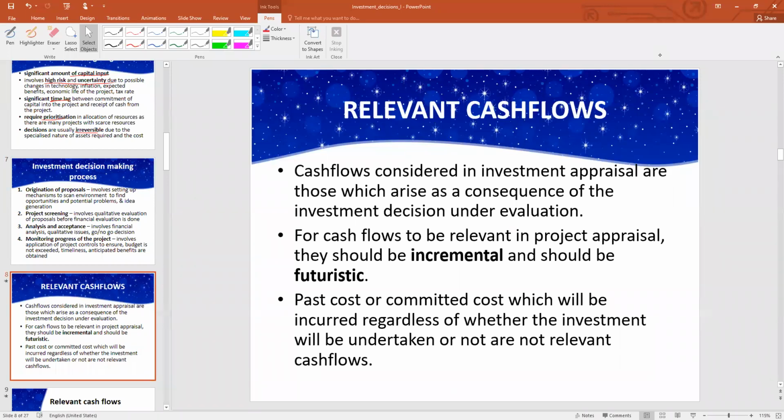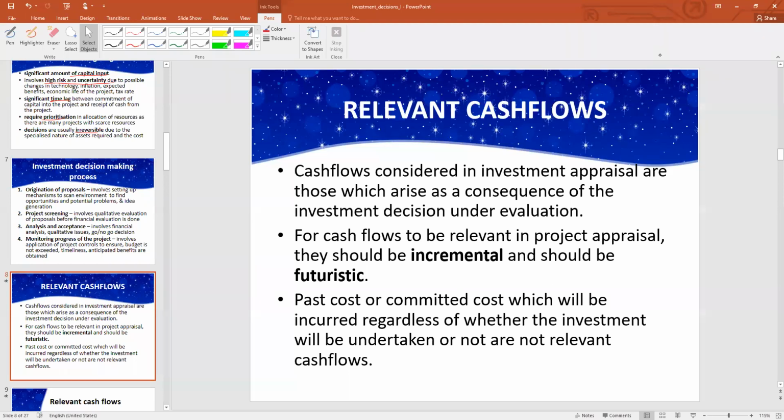Of course, when it comes to the appraisal, when the company wants to make a decision as to whether they ought to invest or not, the concept of relevancy and irrelevancy has to come in here, because not all cash flows that occur should we consider.